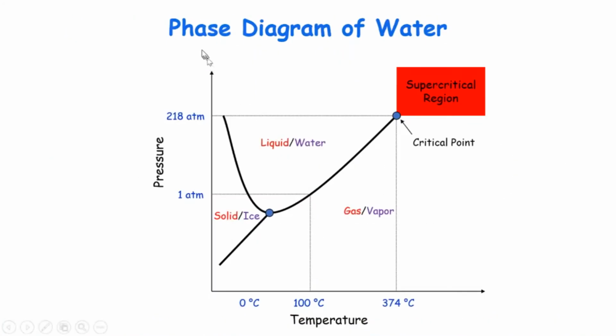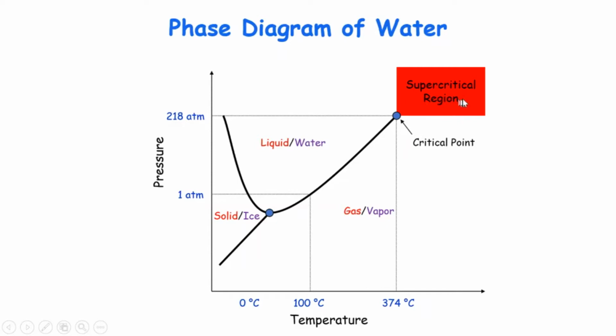Now let's take a look at this phase diagram, specifically for water. We already mentioned the three common states. This entire region is the solid region, which for water is ice. This region is the liquid region, and this region is the gaseous region.